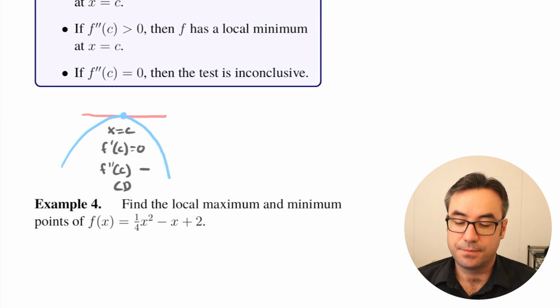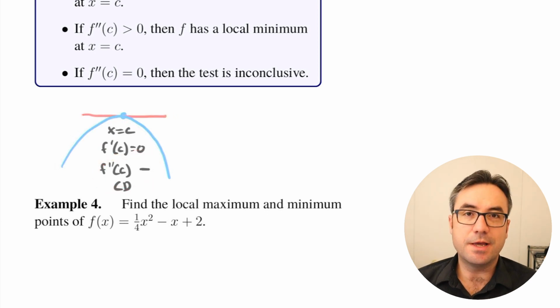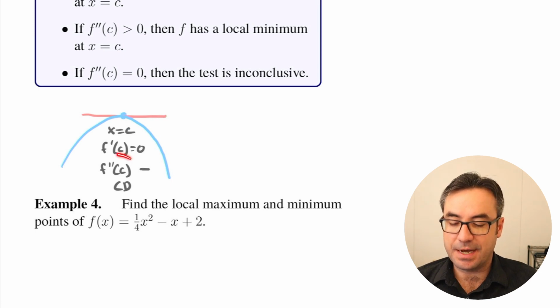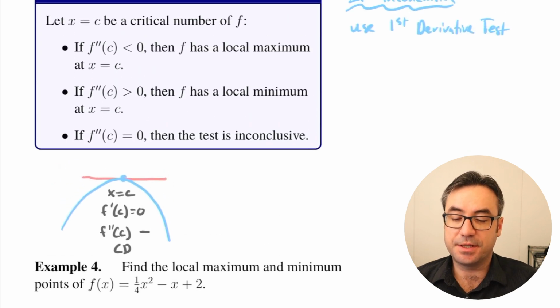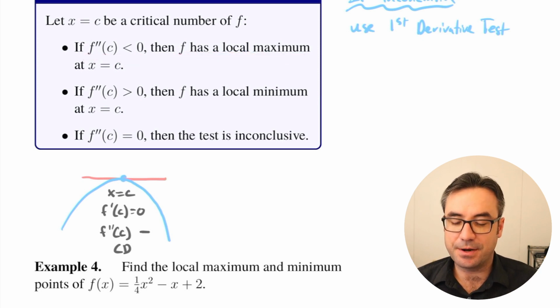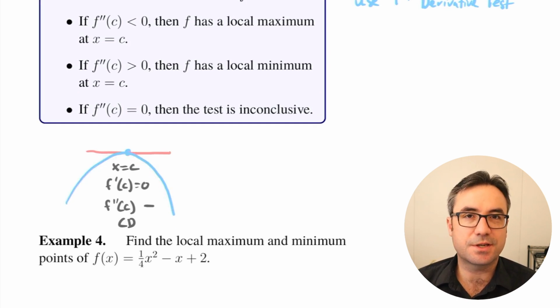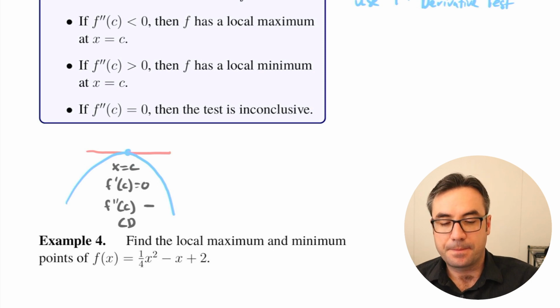It's the only option. Critical number means it flattens out. Concave down means it has this sort of shape. And so if we draw in what this concave down is telling us, it looks like we have a local max, and that's precisely what the second derivative test tells us. If the second derivative is negative, then we have a local max. This is another one of those cases where it helps to quickly draw in the sketch of the graph. So in this case, we end up with a local max.